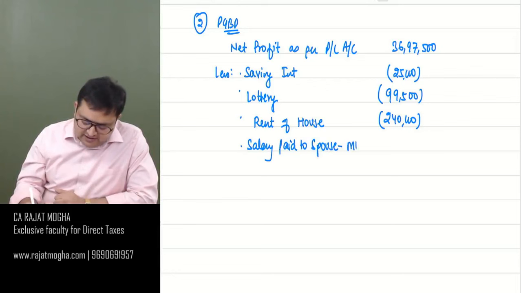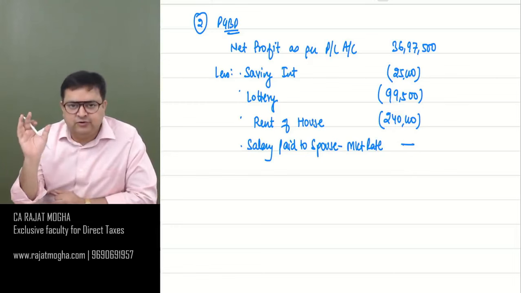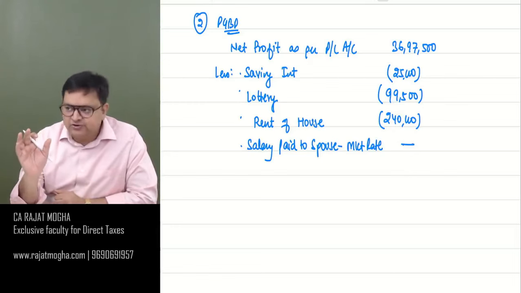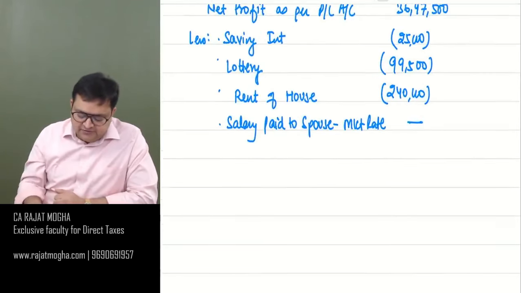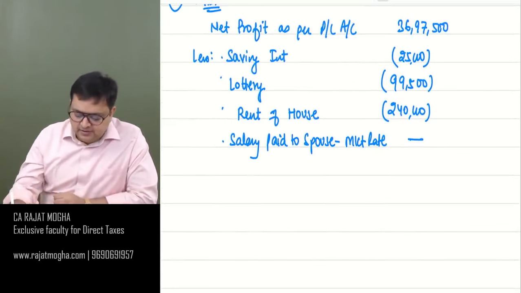It is as per the market rate. So you will not do anything. Now you don't have to show the note also because you have written it here. No adjustment required.